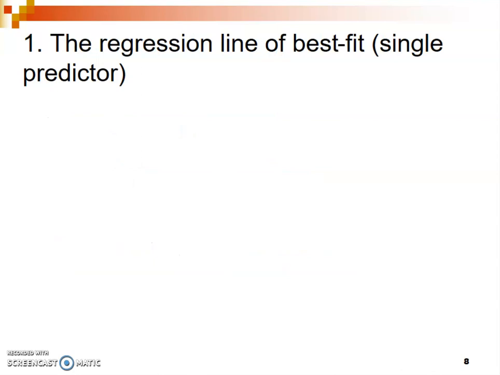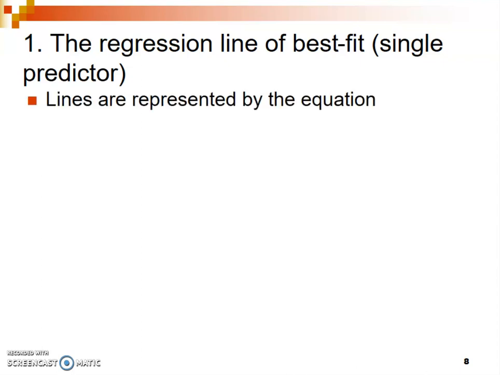Let's talk a little bit more about this best fitting line and what that looks like in regression. Again, one thing regression adds beyond what a correlation can do is that it can identify this regression line, giving you the values to graph the line that best explains your data. All lines are going to be represented by the following equation.